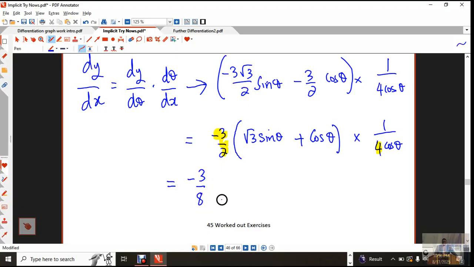And then I'm going to have the numerator, root 3 sine theta, plus cos theta, all of that over cos theta.